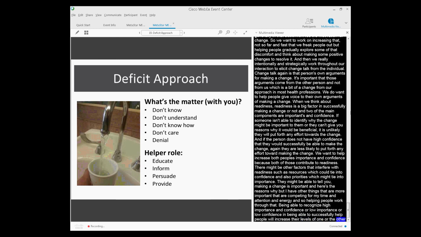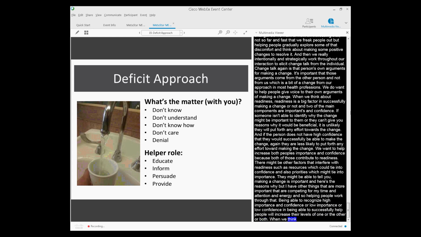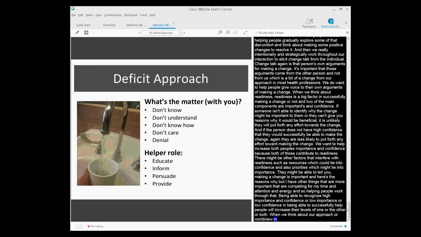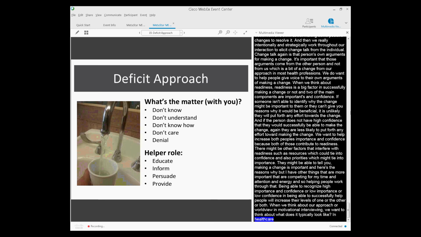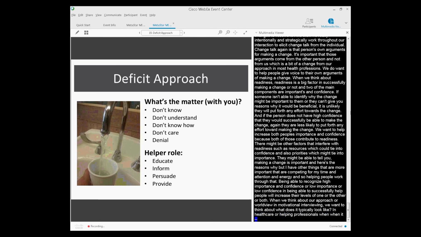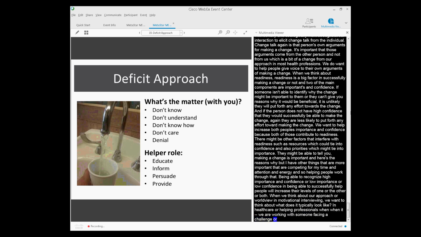So when we think about our approach or our worldview in motivational interviewing, we want to think about what it typically looks like in our helping professions in healthcare when we're working with someone facing a challenge or a change, and particularly when we're working with someone who has not yet made a change that we think they really should.